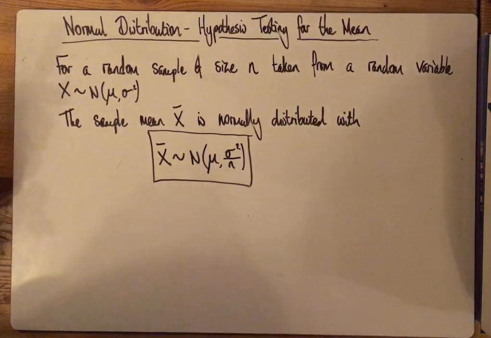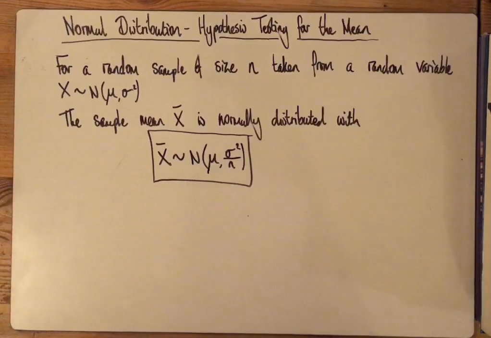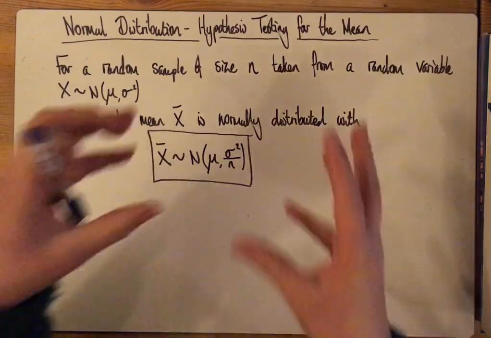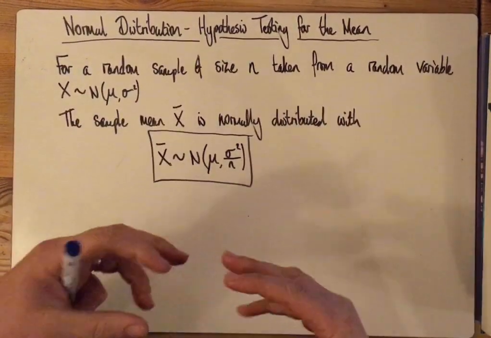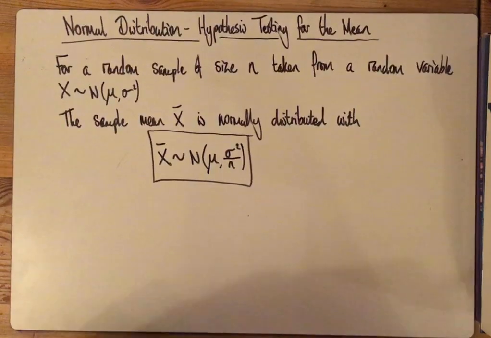So the key thing here is that if you're in a normal distribution and you take lots and lots of samples of the same size from your normal distribution, then the distribution of the mean of those samples is also a normal distribution.